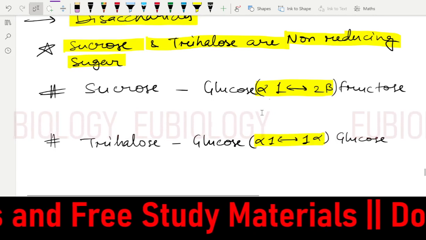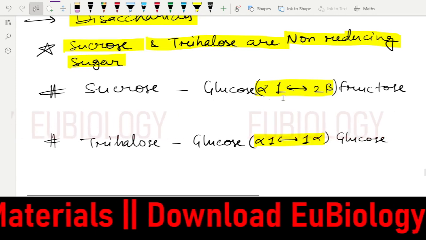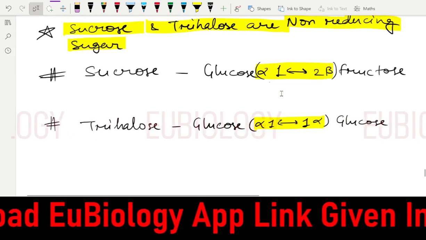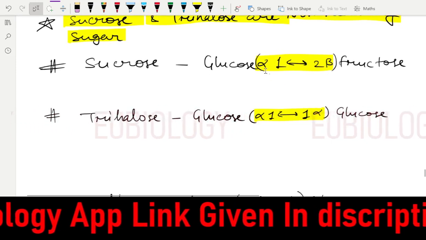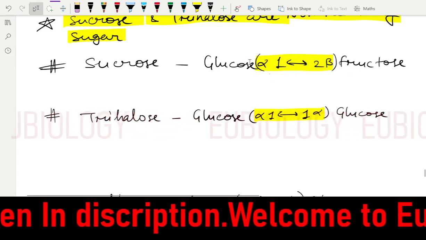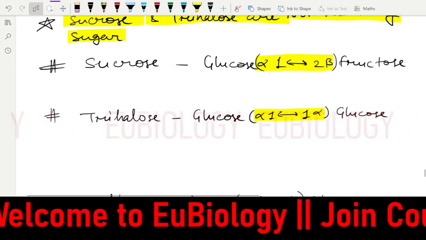So glucose and fructose are the units of sucrose, which are bound by the alpha 1 to beta 2 linkage with fructose. Why are there both arrows? Because they can change their places on both sides. It is possible to make this type of bond.